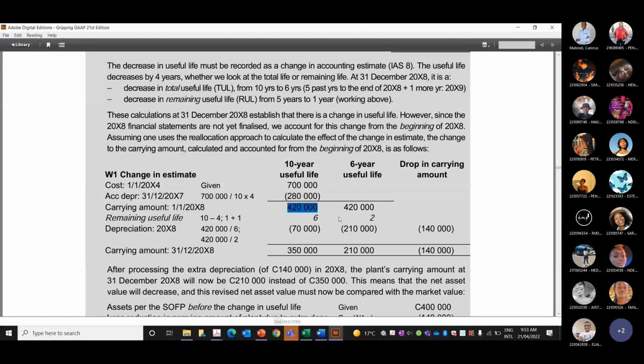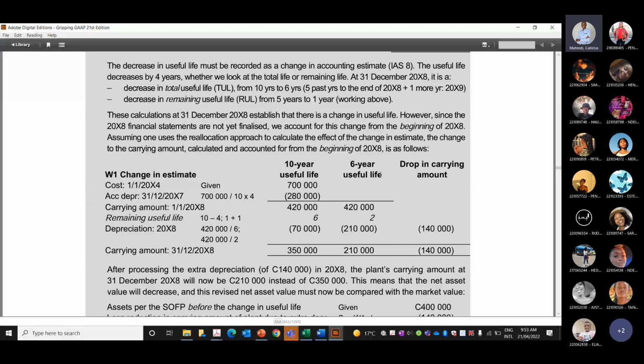If we have a carrying amount of 420,000, and we're now assessing it based on the reassessed useful life, how many years do we have remaining? We said at the end of 31 December 20x8, we're only going to use it for one more year, which is the 20x9 year.